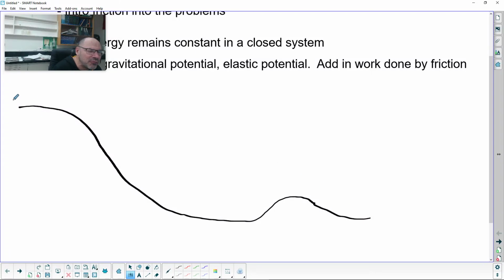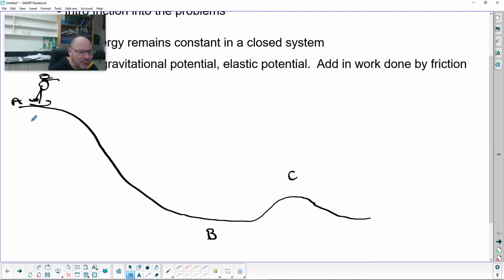So we'll call this one point A, this one point B, and this one point C, this little rampy thing here. And we're going to look at somebody skiing on here. They're going to be a ski jumper or whatever.